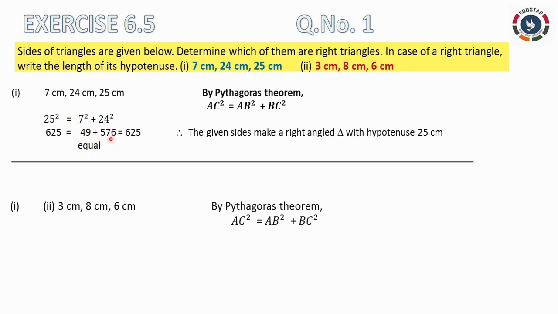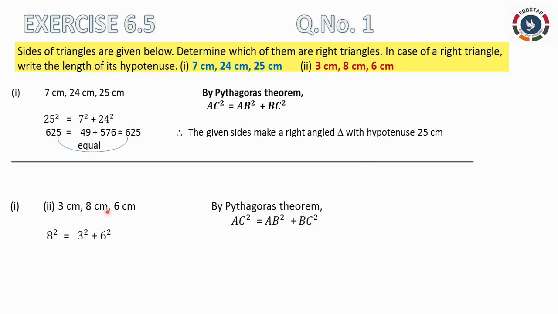When you do the addition to those two, we will get 625. So, those two values are equal, and we conclude that the given sides make a right angled triangle with hypotenuse, what is hypotenuse? 25 centimeter. Can you understand? Good.